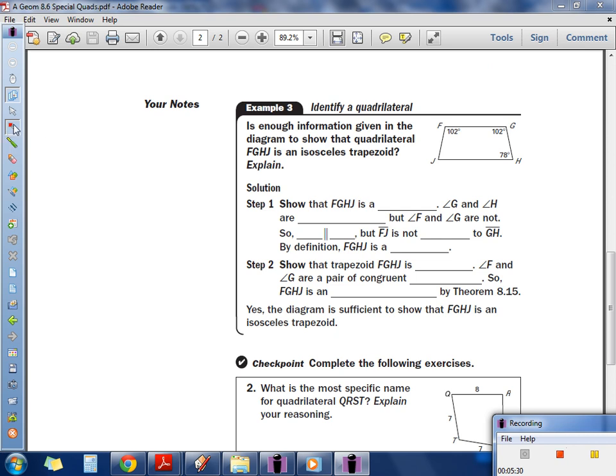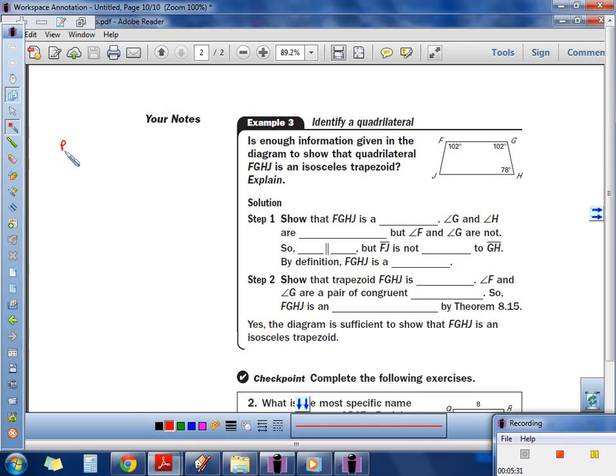Here's the key properties you should remember. For an isosceles trapezoid, you should remember that the base angles are congruent, and you should remember angles on the legs are supplementary.